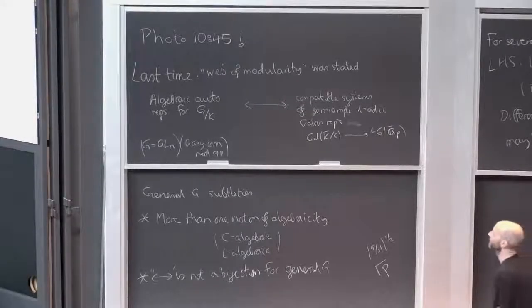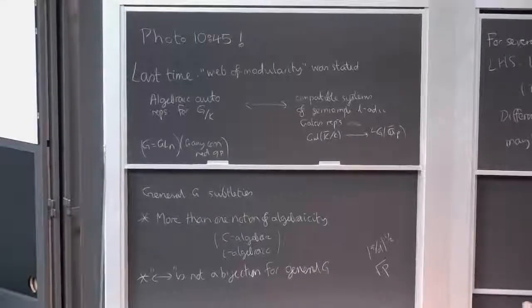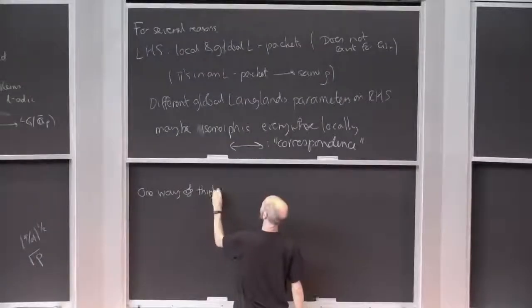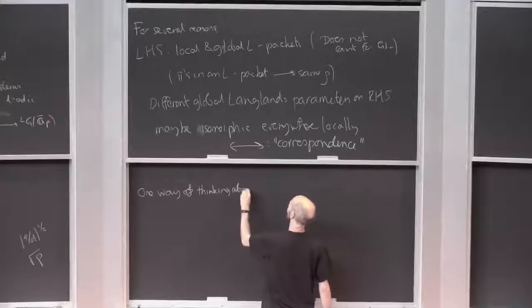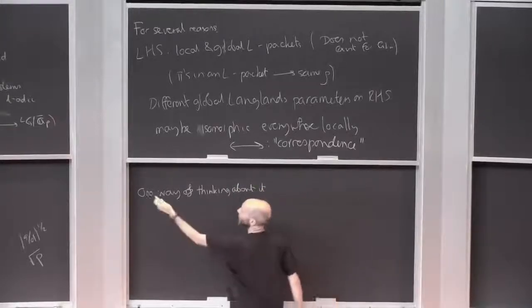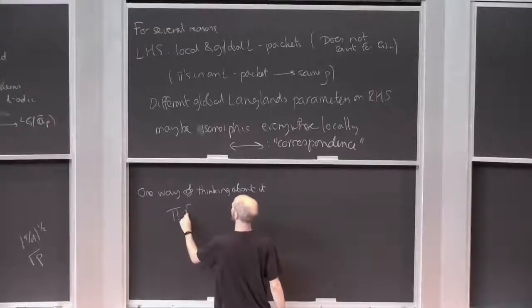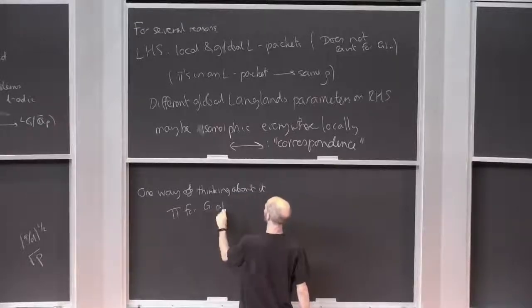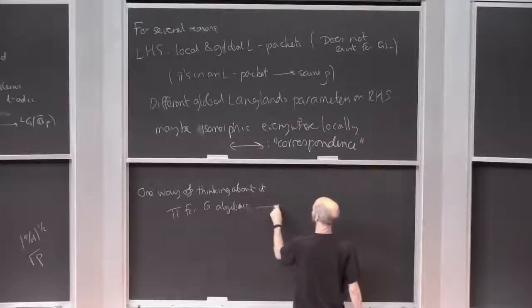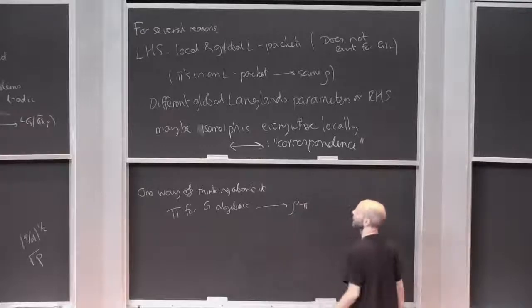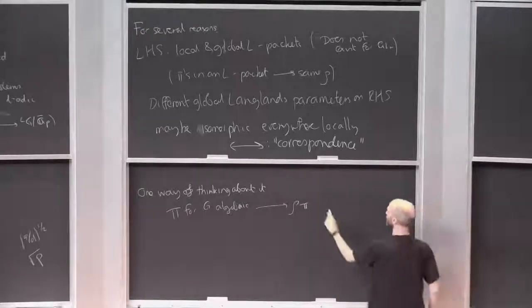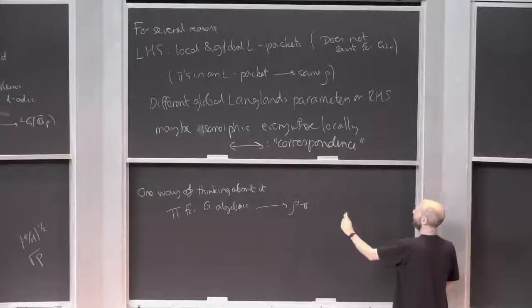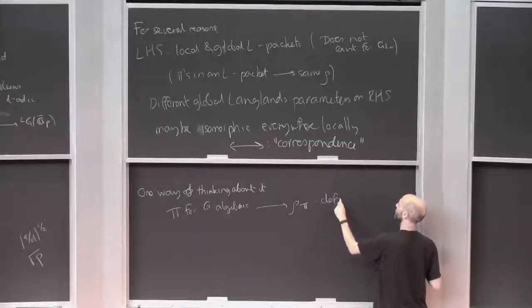But one way of thinking about it is that an automorphic representation pi for G, which is algebraic, should go to rho pi, some Galois representation, defined up to some kind of Tate-Shafarevich group.